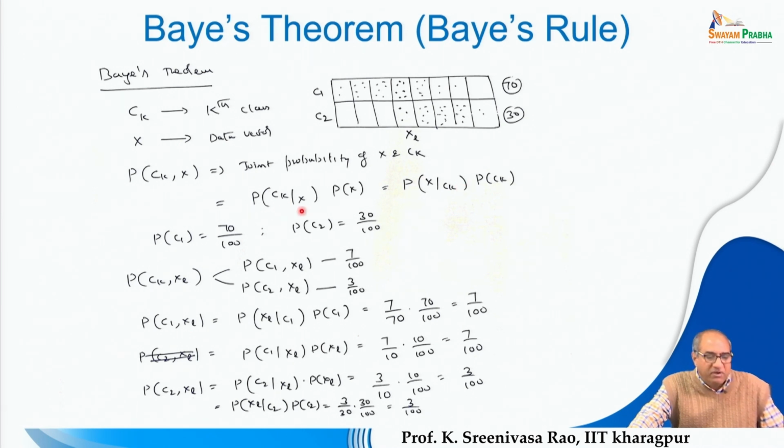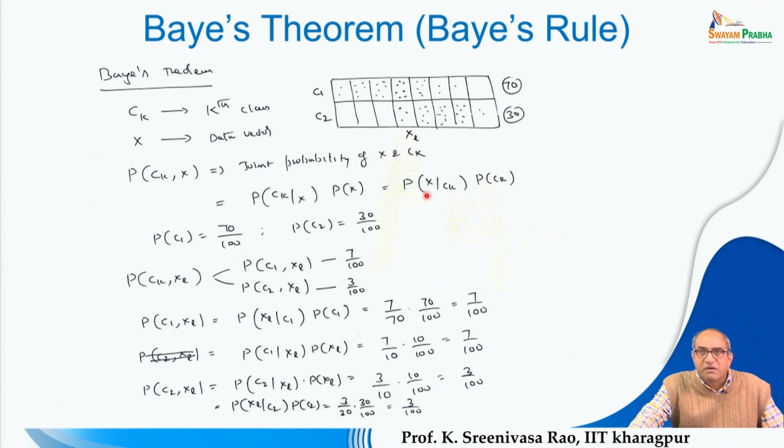Here probability of Ck given x is known as a conditional probability. It means the probability of class Ck given a particular feature vector. Similarly, the probability of x given Ck is the probability of this particular vector by knowing the class.